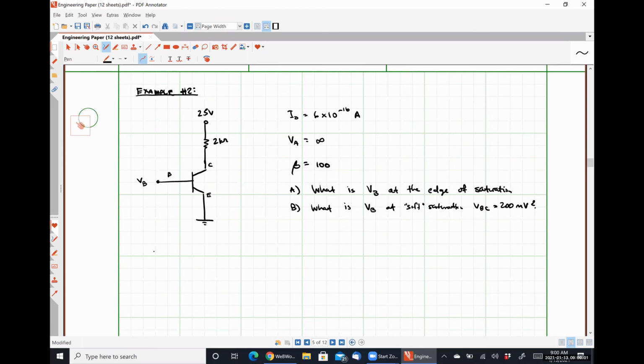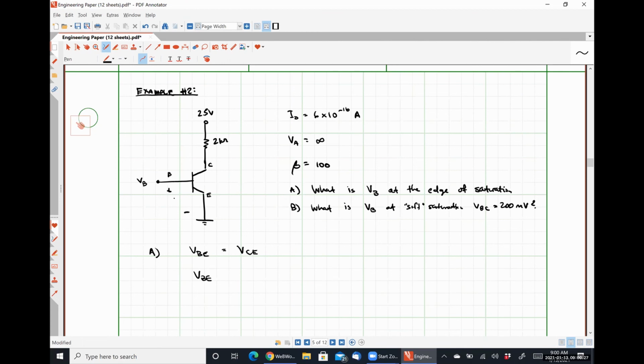Let's start there. VBE is equal to VCE, or VB is equal to VC, right? So at the edge of saturation, VBE is exactly equal to VCE.